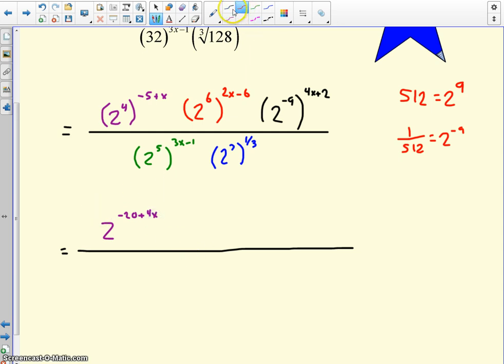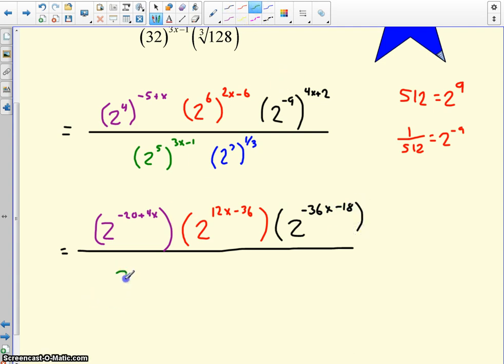Then with the red one here, 2 to the exponent 6 times 2x minus 6. So 6 multiplies by 2x and by minus 6. So I wind up with 2 to the 12x minus 36. And for the black one here, negative 9 times 4x plus 2 gives me negative 36x minus 18.